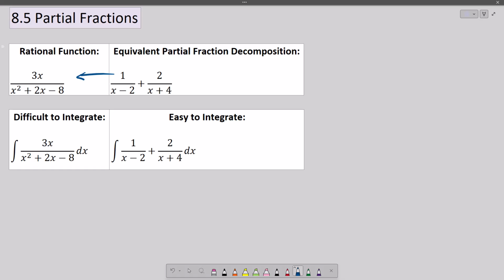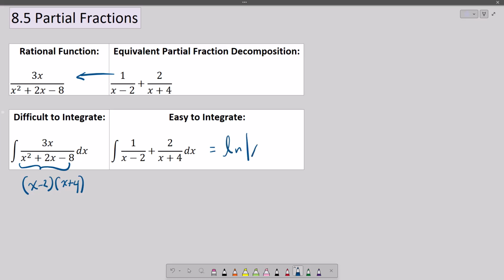This is a factorable denominator. This denominator will factor into x minus 2 and x plus 4. And if you could factor it, then this is simple, right? These are both in log form.